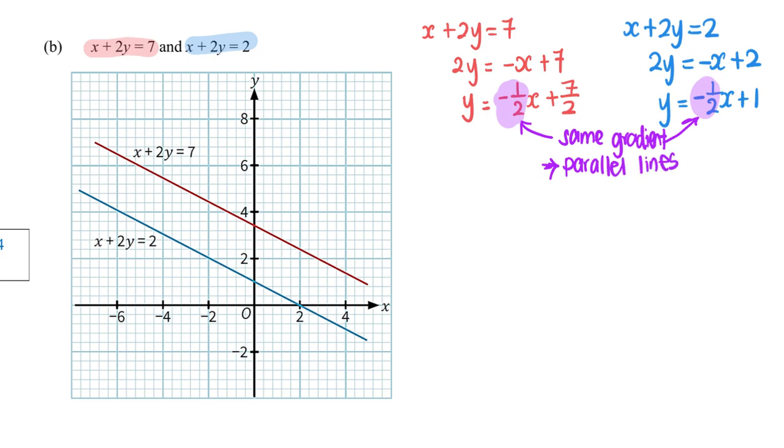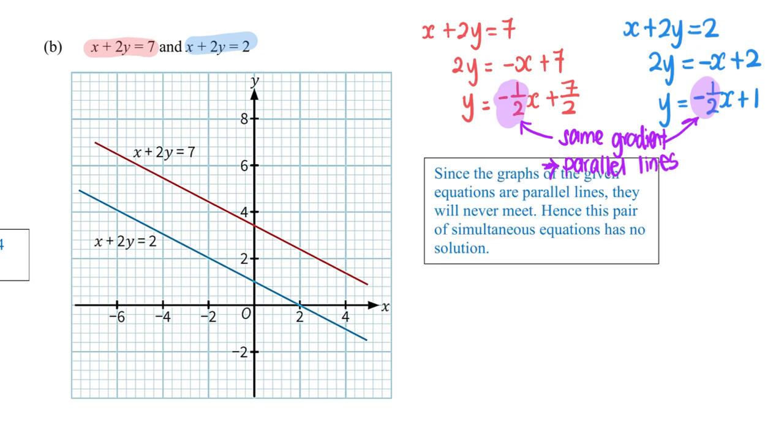Okay, and since they are parallel lines, do these two graphs actually intersect each other? No. And since they don't intersect each other, and let me just shift this away, make it smaller, then they will never meet. Hence, this pair of simultaneous equations has no solution.